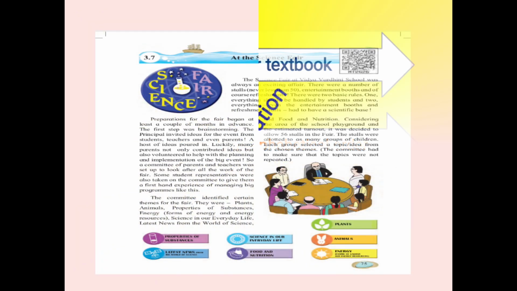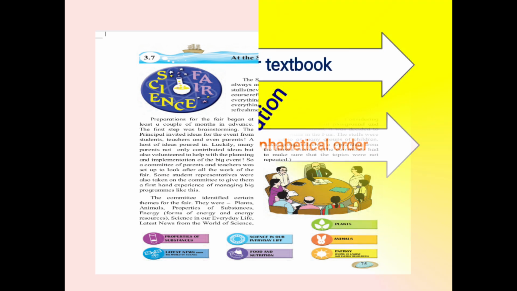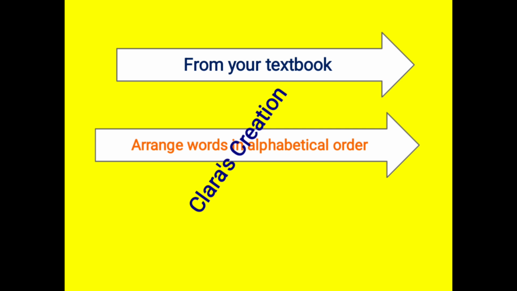Arrange the words from this lesson in alphabetical order, 5 from each letter, A to Z. You can write it down in your notebook. So the question that will come to you in the comprehension is: arrange the words in alphabetical order.